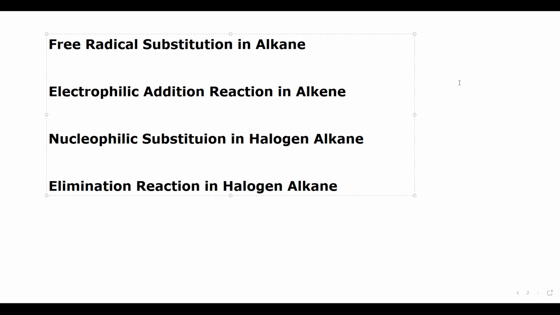So these are the mechanisms which you have to learn. The free radical substitution is in unit 1. These two are the unit 1 mechanisms, and the other two are the unit 2 mechanisms.